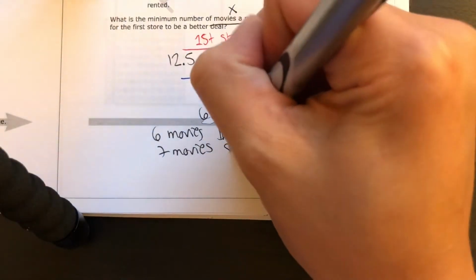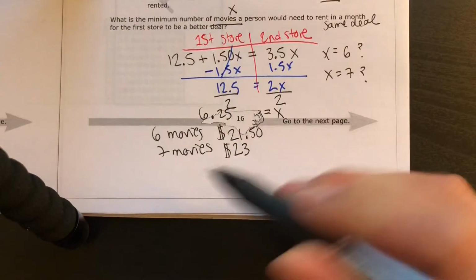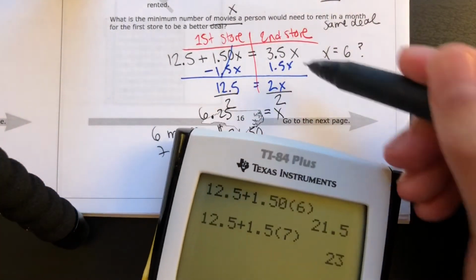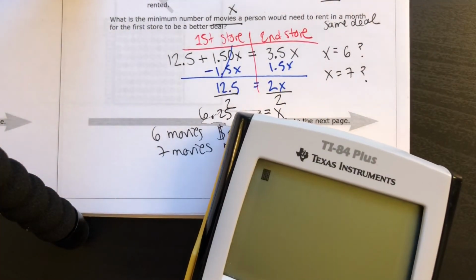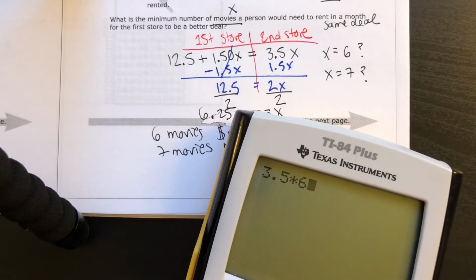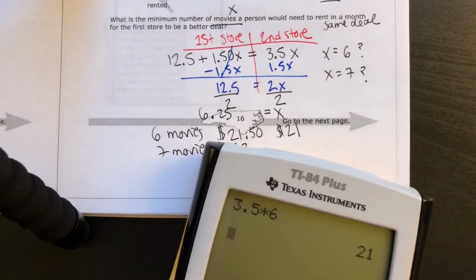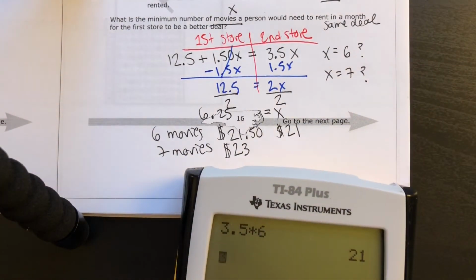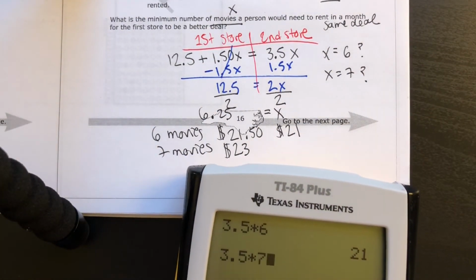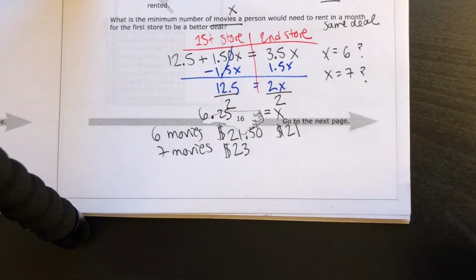That's going to equal $23. 6 movies at the second store, we're going to use their equation, 3.5x. 3.5 times 6 movies is $21. And then lastly, with this equation up here, 3.5 times 7 movies is going to be $24.50.